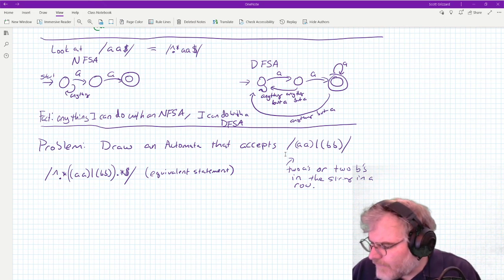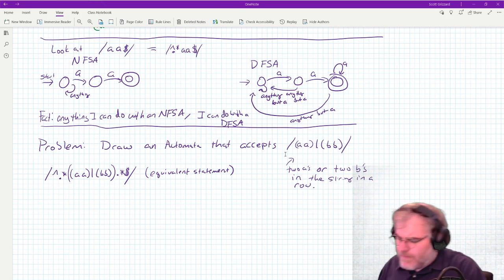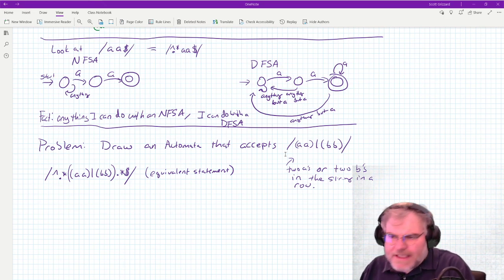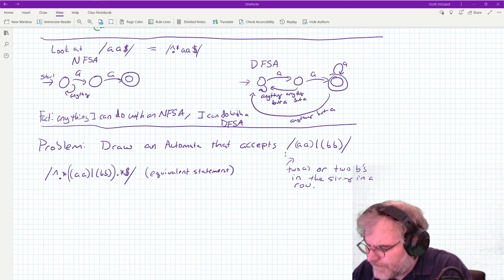Now, if I want to do this with a deterministic formula, it's going to have trouble. But look how easy this thing is to produce with a non-deterministic finite state automata. I'm going to have a concluding state here with an anything.